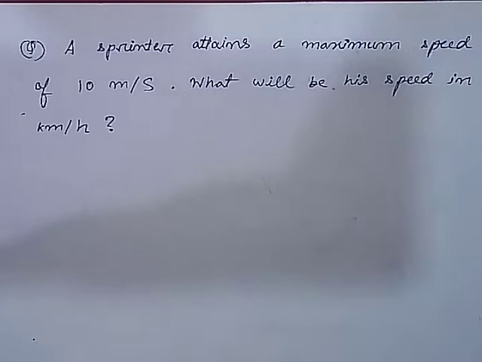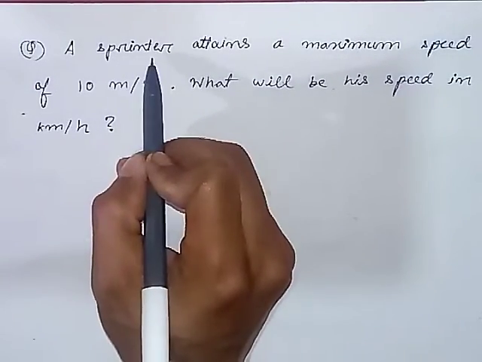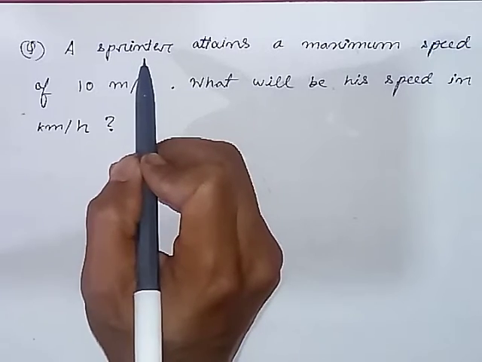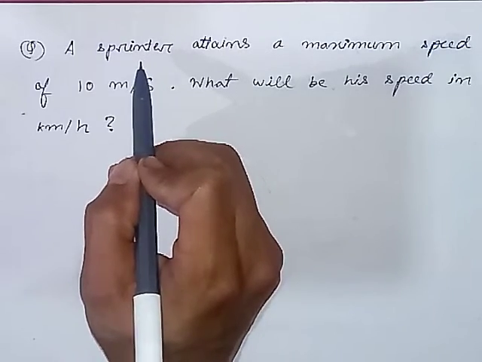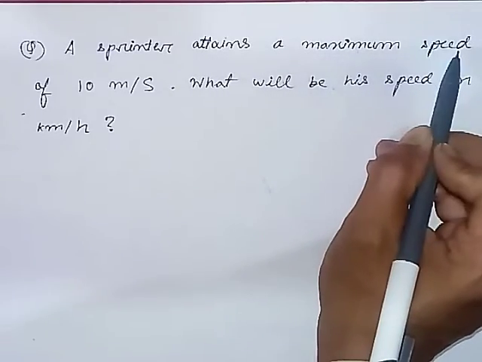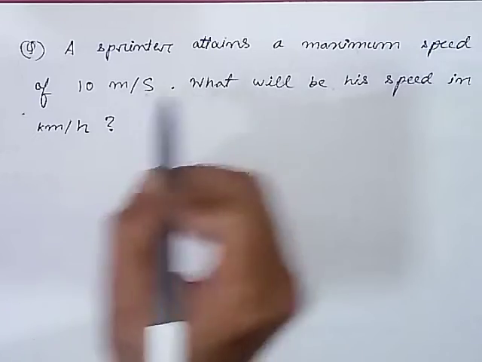Okay, let's come to the second question. A sprinter means a fast runner, one who runs fast. A sprinter attains a maximum speed of 10 meter per second.